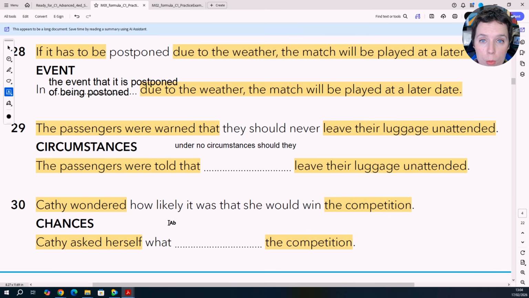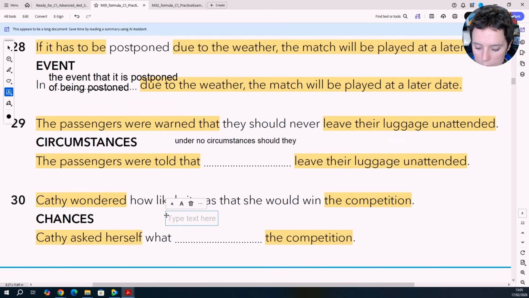So you've got multiple options here depending on how you want your sentence pattern to go. So we need to add chances, so that means you need an article before. Kathy asked herself what the chances were of winning the competition.